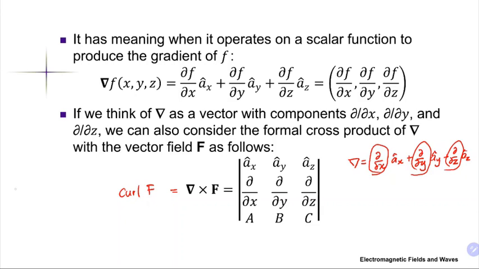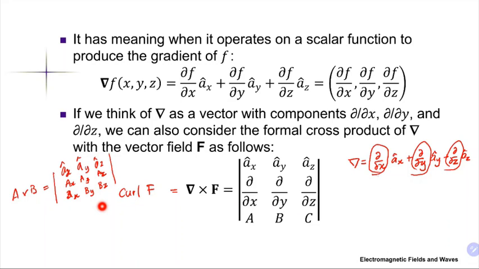Remember, if we have two vectors, A cross B, the components are the magnitudes in X, Y, and Z. The same thing applies here.